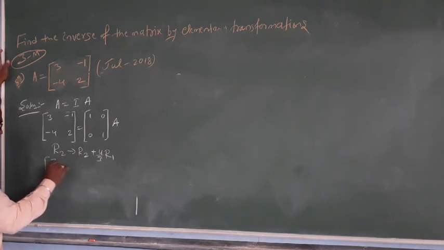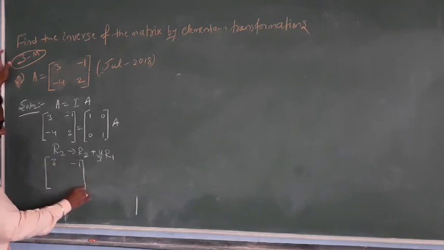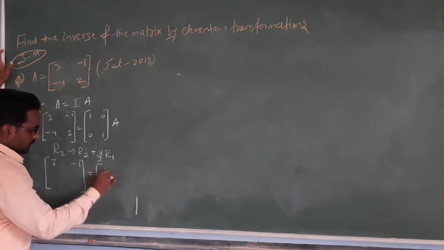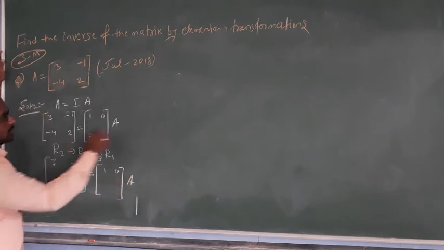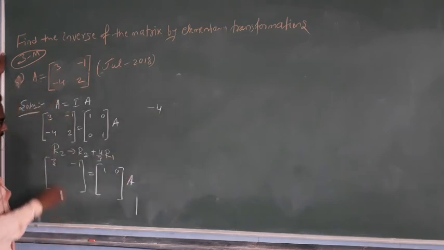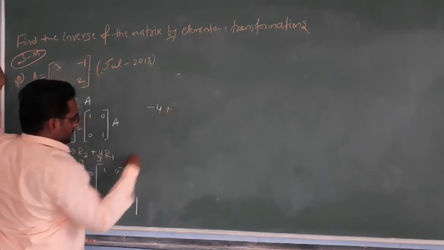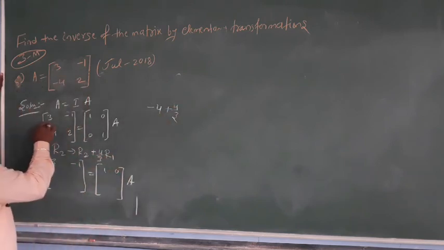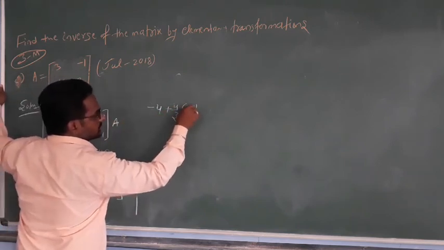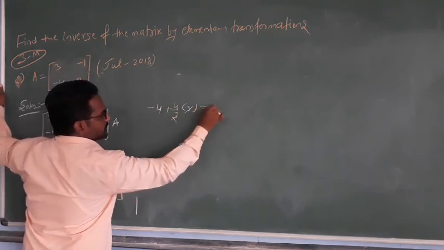Okay, first row as it is: 3 minus 1 equals 1 0 into A. Okay, R2 changes. What is R2? Minus 4, first element, plus 4 by 3. What is the R1 first element? That is 3. So 3 gets cancelled, and plus 4 minus 4, that is 0.